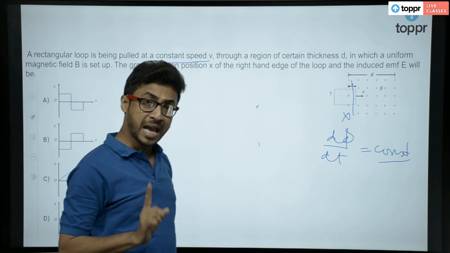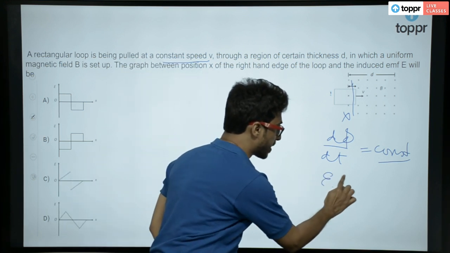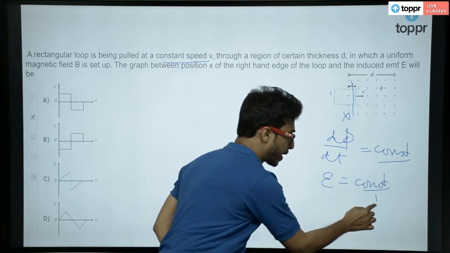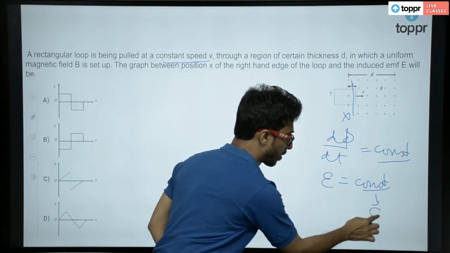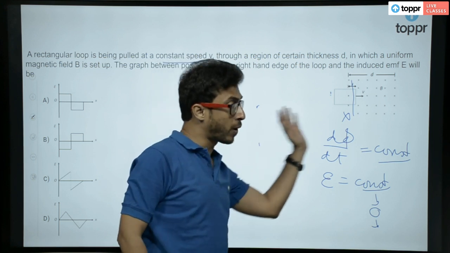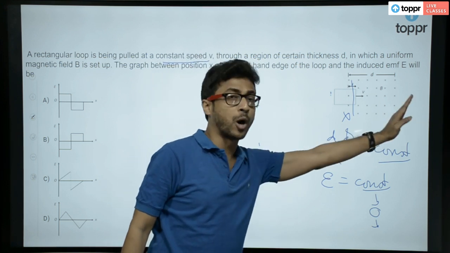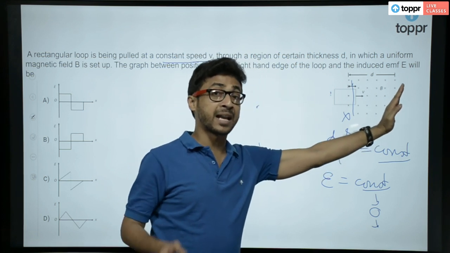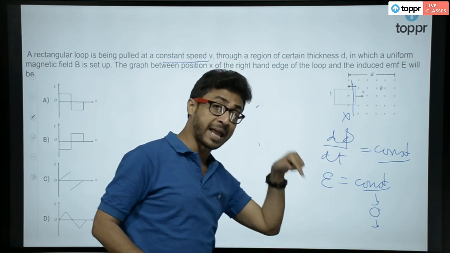So EMF generated will be constant, going to zero. Then when it goes out, the flux linked decreases at a constant rate, so EMF generated will again be constant.